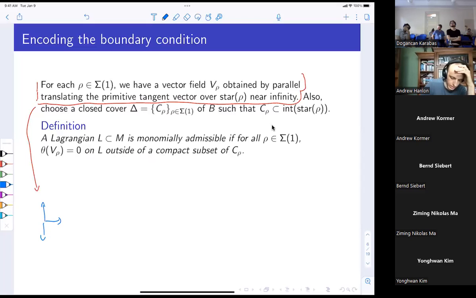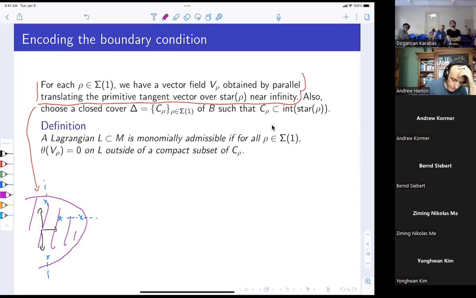And here, maybe I should be consistent and draw that in black. Then here I had added some slits that looked like this. Maybe there's one like this and whatever. So now I can take some big compact subset here that contains all of this.